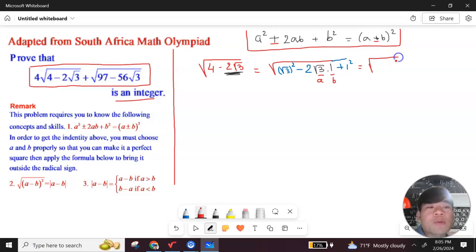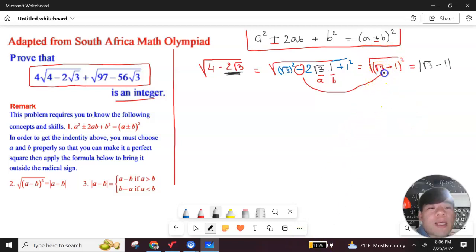So I write the square root of root 3, then the sign, which is subtraction, then 1, in parentheses, squared. Next, when you take the square root of a squared number, you need to put it in absolute value: the absolute value of root 3 minus 1.